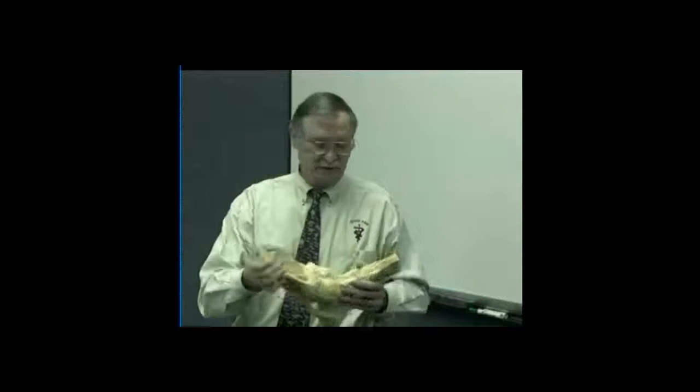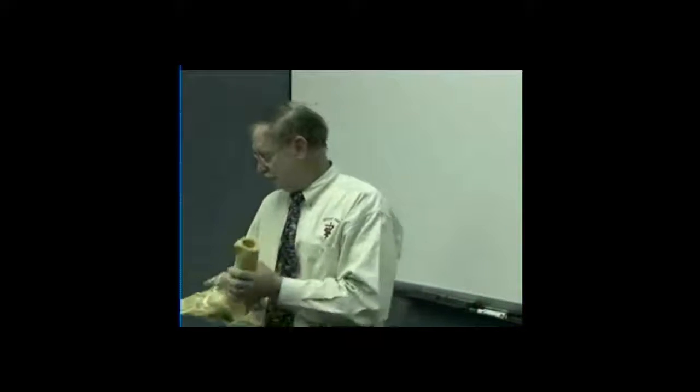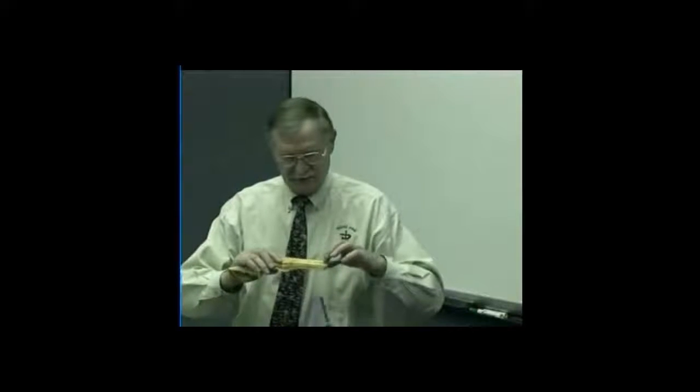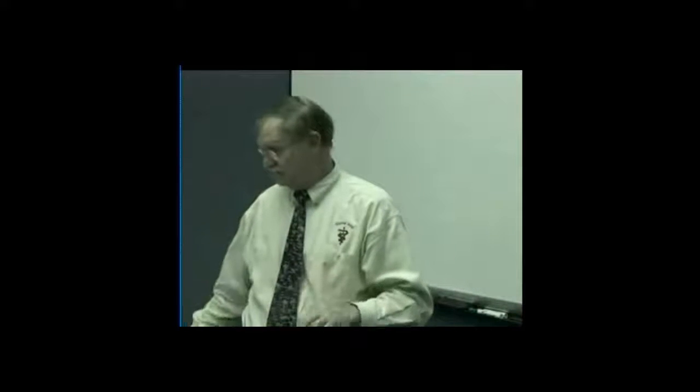So you may think the bone is solid, but it's not. And one of the functions of bone is to house hemopoietic tissue, and you can see where the red blood cells and the white blood cells will be produced in that tissue inside of the bone.